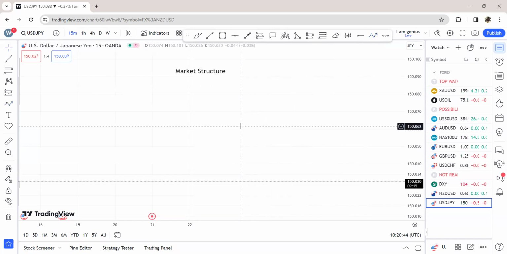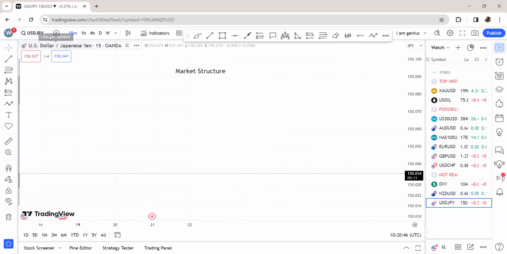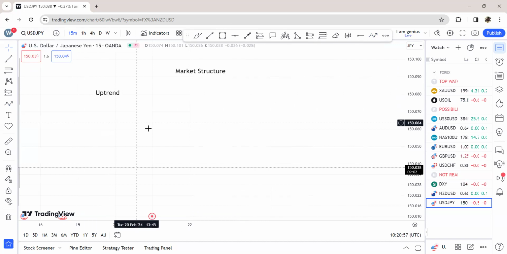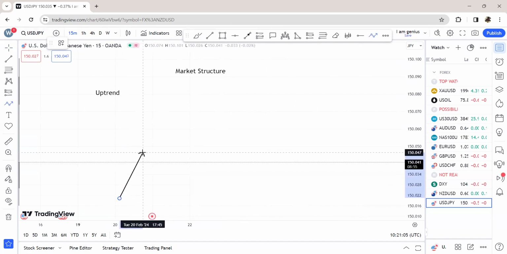So uptrend, okay. It moves in a structured manner. It's not just random like most people think.